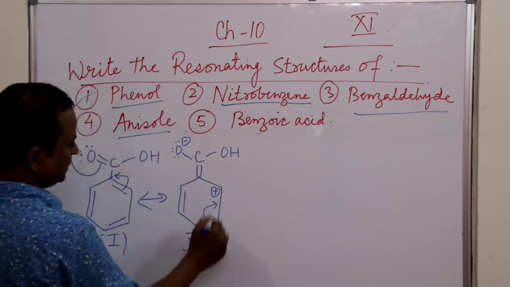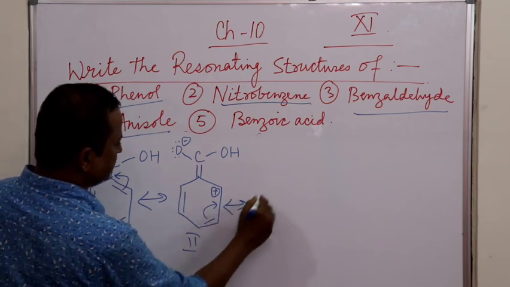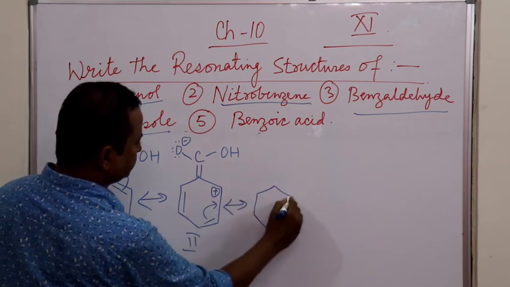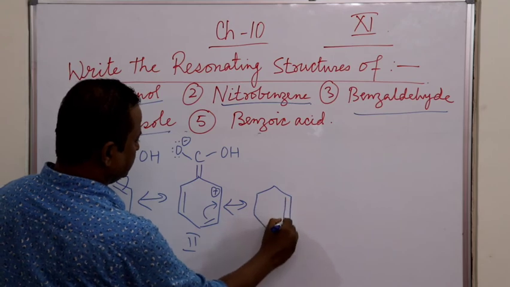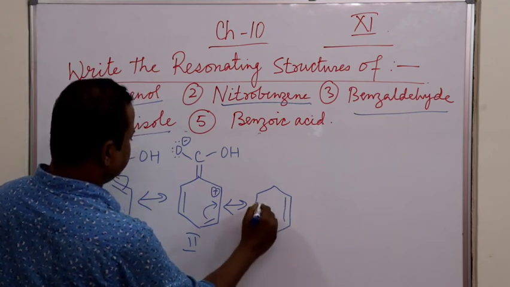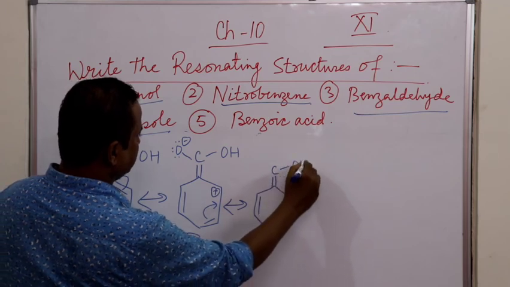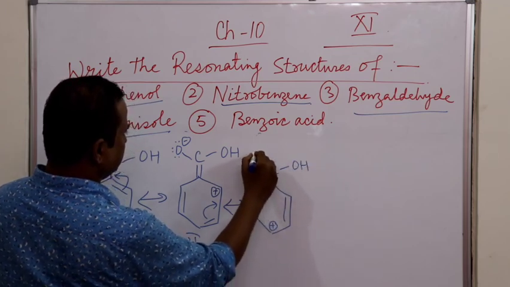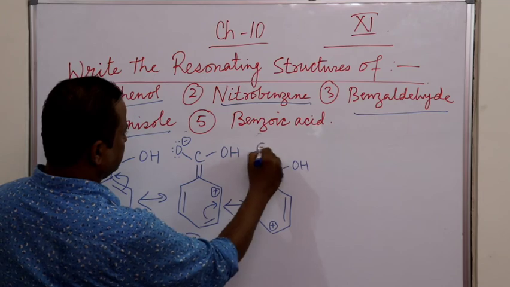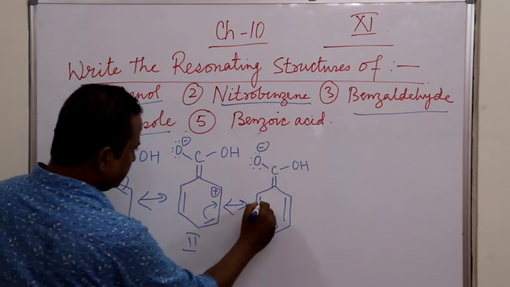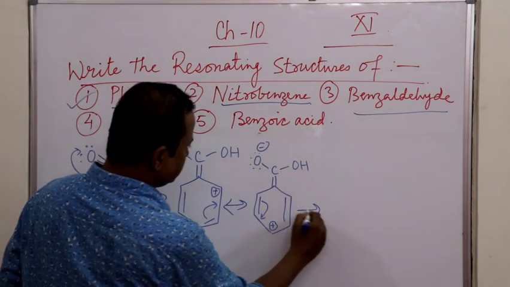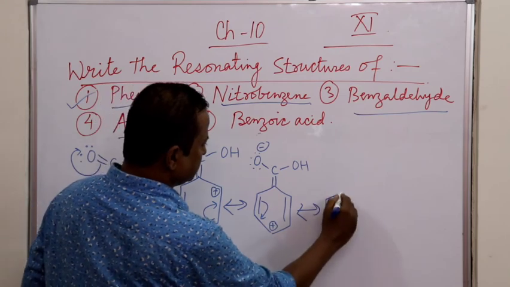This pi electrons will get attracted towards this plus charge. So a double bond will be formed here, plus charge will migrate to this position. Okay, then this will attack at this position. Rest of the structure is same.